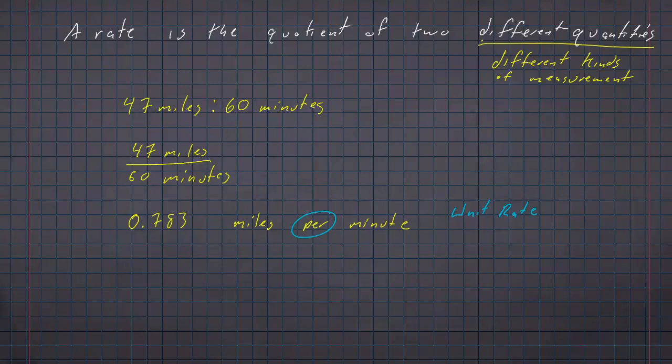When we've performed the division like this, we end up with a quantity that's known as a unit rate. That's the thing that you see most often when you see the word rate. And you can identify a unit rate whenever you see the word per in the measurements used.